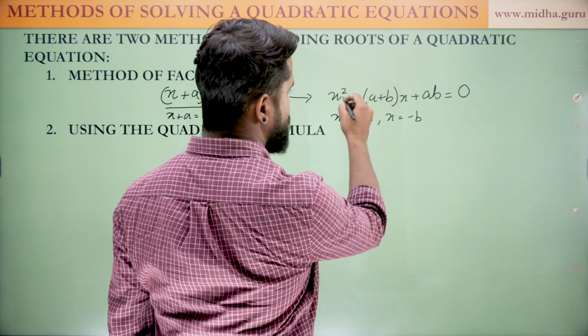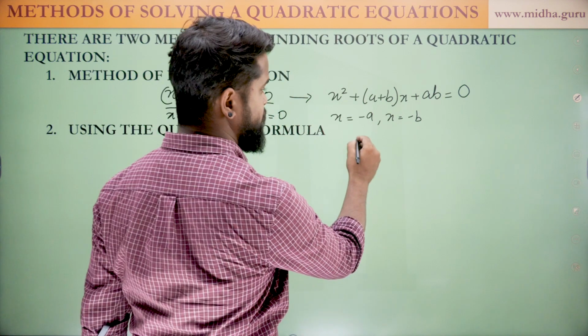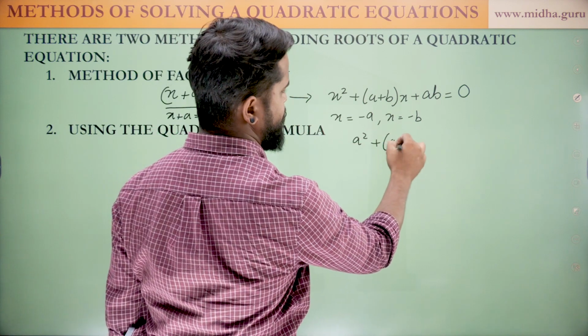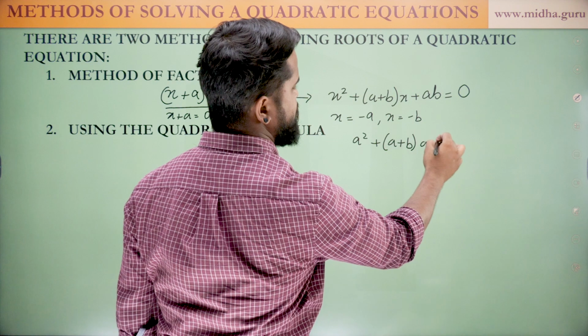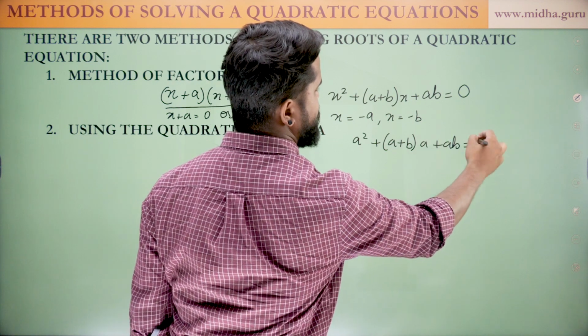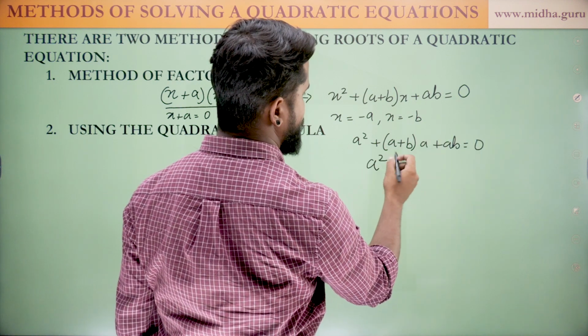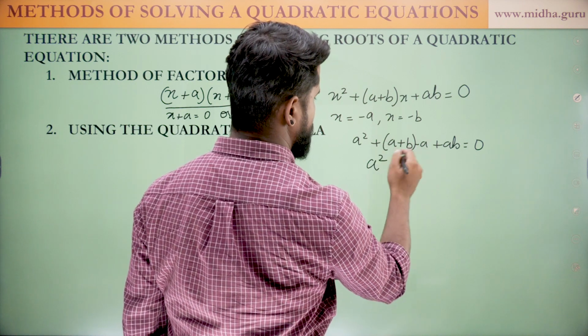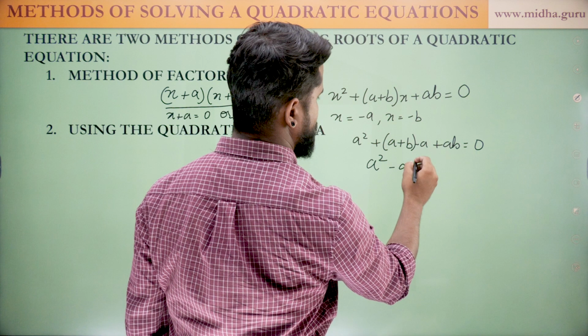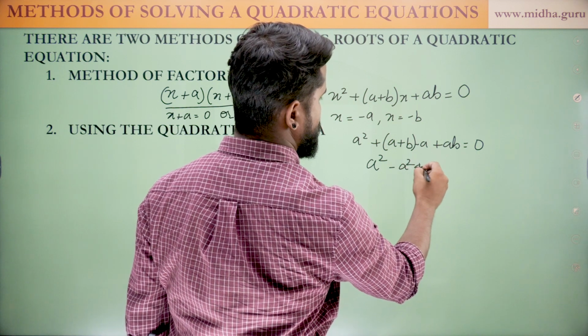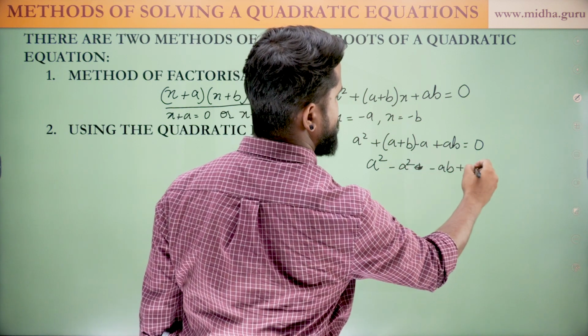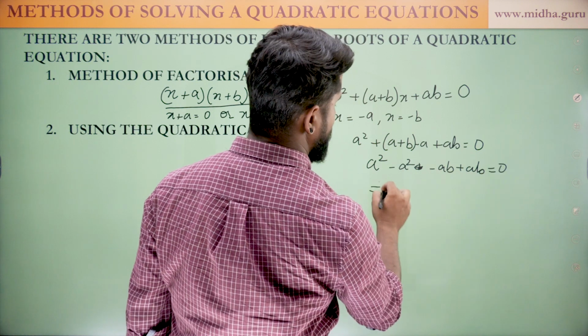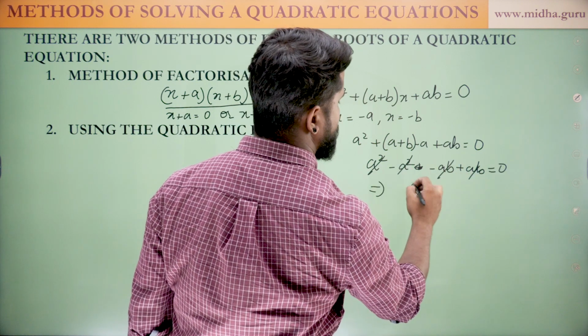We'll try it out. So when I put -a, I get a² + (a + b)a + ab is equal to 0, which I get a squared, oh this will be minus, I'm so sorry, so this will become -a² - ab + ab is equal to 0, which we see that when these cancel out it becomes 0 is equal to 0.